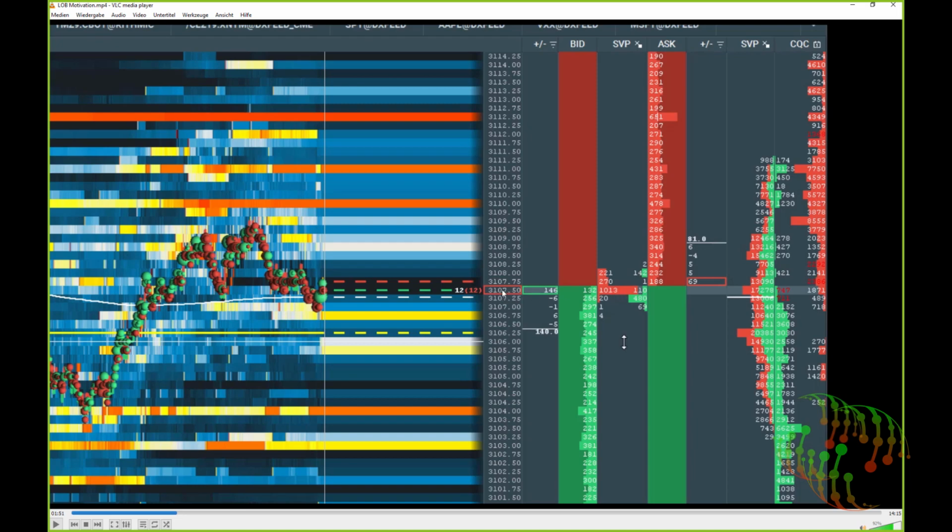At 3107.5, they sold 1013 contracts into 7.5. How can this be? And how can this happen? Because we see 132, but they sold more than 1000 contracts into the 750.